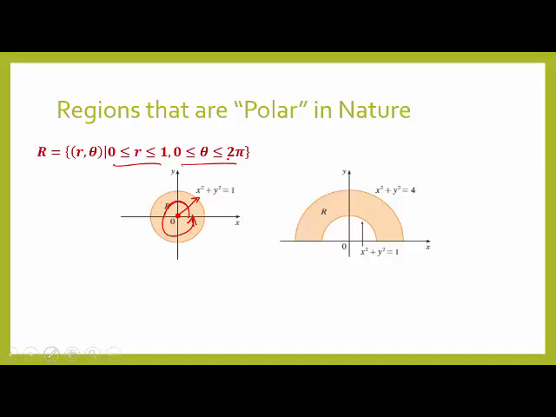They're constant limits. So if you have a region that's polar in nature, there's a good chance that your limits are all going to be constants. And I don't know if you've noticed it yet or not, but dealing with constant limits is a lot easier than having to put in functions after you do the first integral.